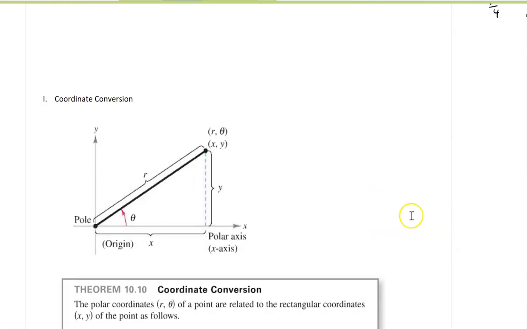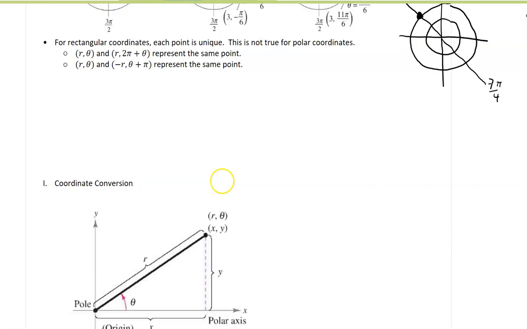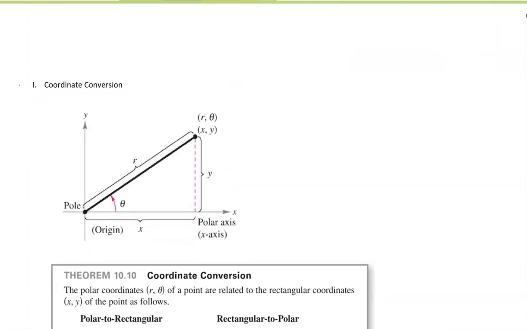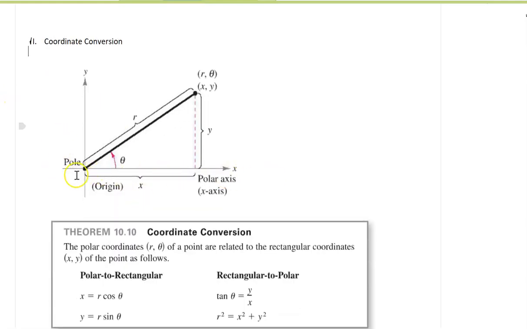You can also convert your coordinates, and we can do that using some pretty simple formulas. So just to illustrate where this comes from, this is the pole and the polar axis, and we've got our θ here, (r, θ), and we've got a point (x, y) in rectangular coordinates.